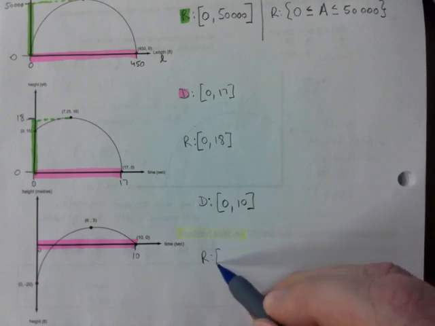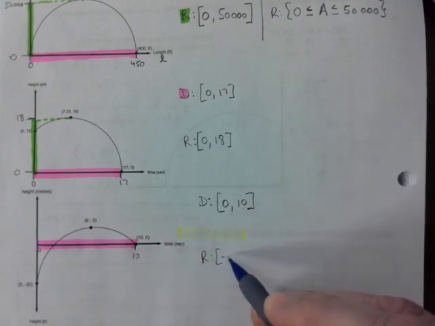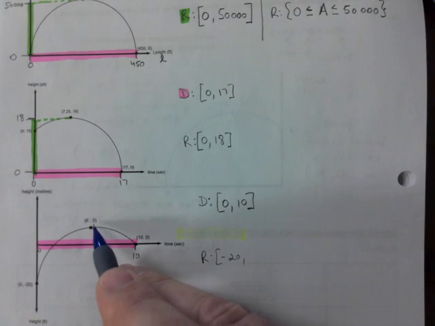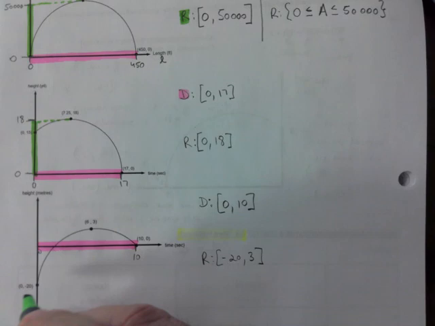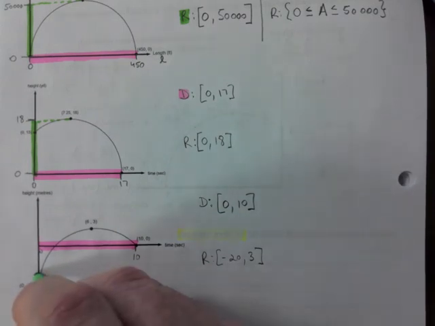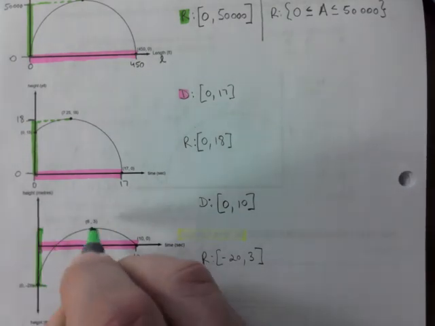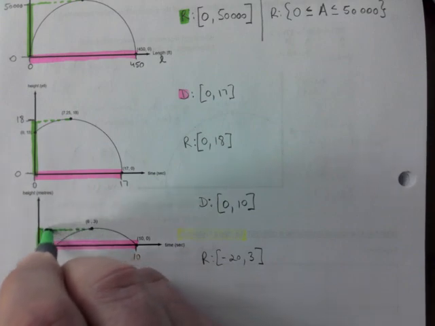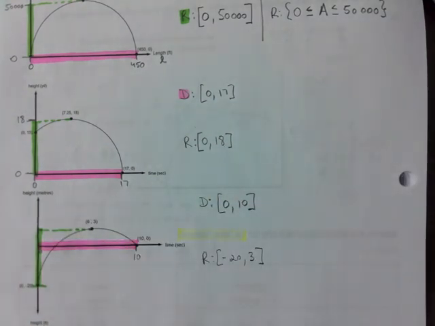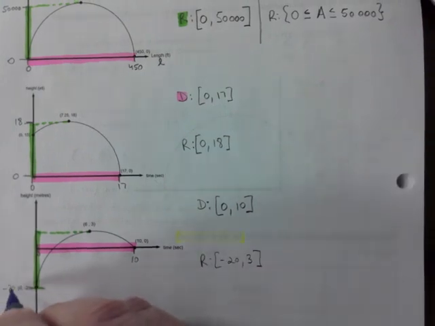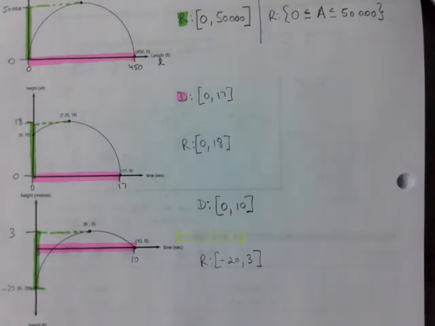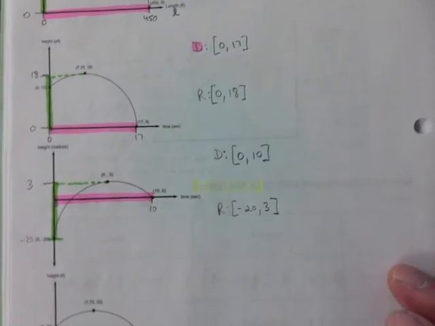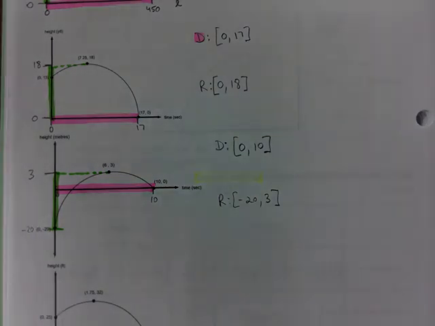And for the range, you go as low as -20 and as high as +3. Okay, so you go from here all the way to here. So -20 all the way to +3. So that's what determines my range.